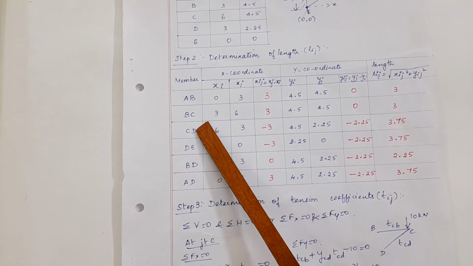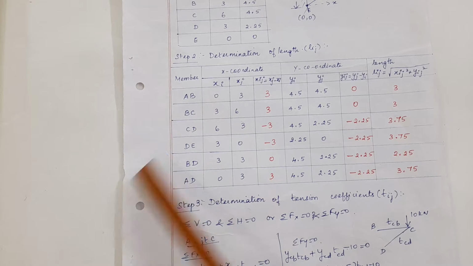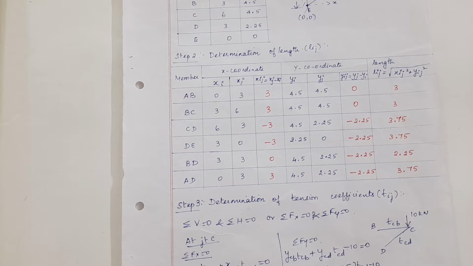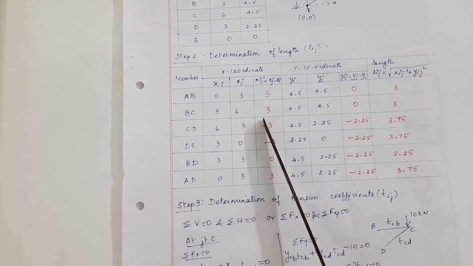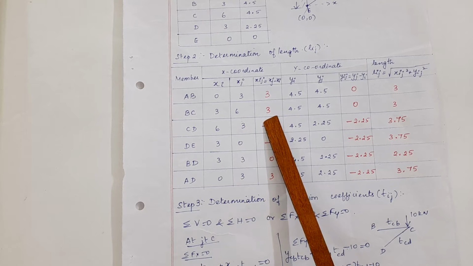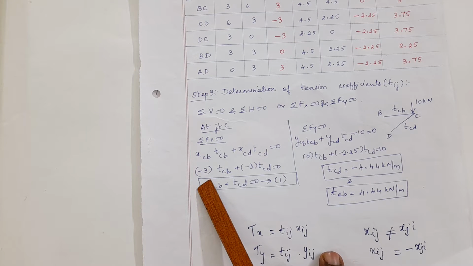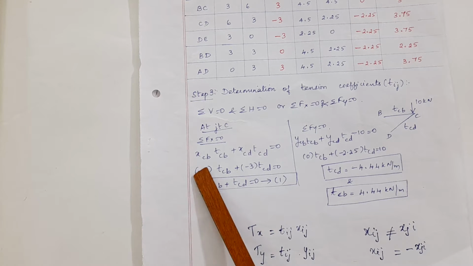I should check what it is for CB. For CB, my near end has become far end and my far end has become near end, so the answer will be the opposite way. Directly, if it is 3 for BC, for CB it will be minus 3.